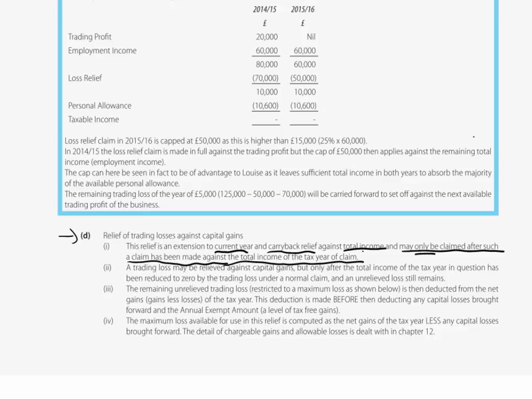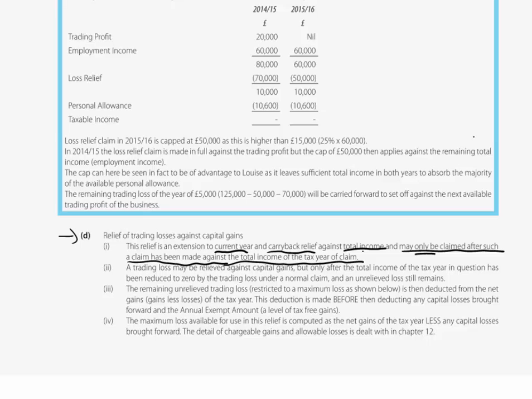For the tax year in which you wish to make the claim, be it the current year or the preceding year, for that particular year you must already have made your current year or preceding year claim against total income. And you must have made a full claim against such income, but there's still loss remaining.